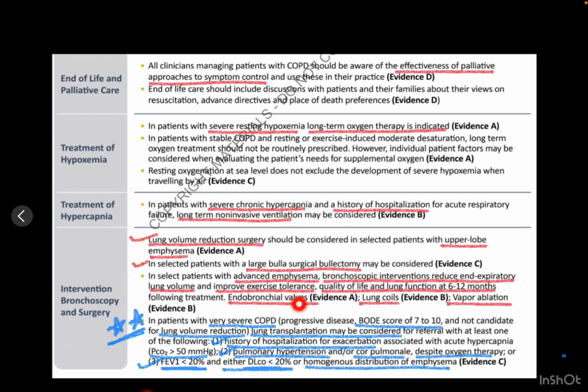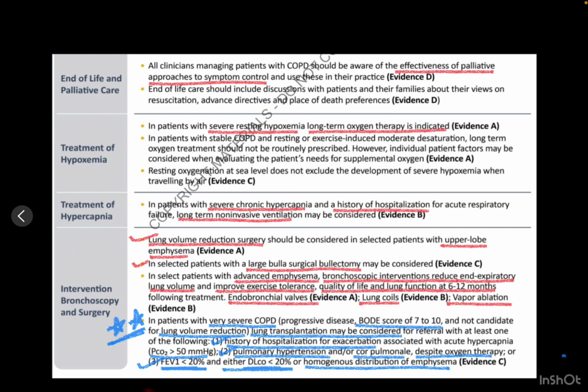After that, they are talking about patients with very severe COPD and a BODE score of 7 to 10 who are not candidates for lung volume reduction. In those we can't do lung volume reduction surgery. Lung transplantation may be considered for referral with at least one of the following three things. First, a history of hospitalization for exacerbation associated with acute hypercapnia, meaning PCO2 more than 50.